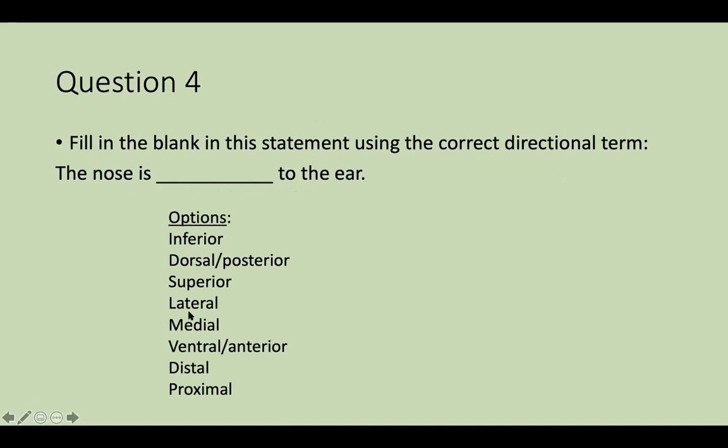And that's really the only option out of these that are listed. But again, I gave you a word bank, so hopefully that's helpful. You definitely want to know those directional terms. I did put both dorsal and posterior and ventral and anterior, since those are kind of interchangeable.